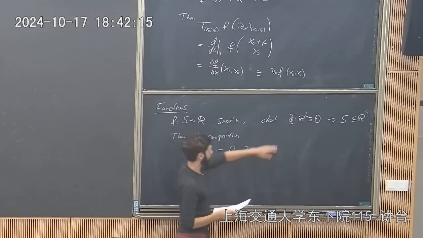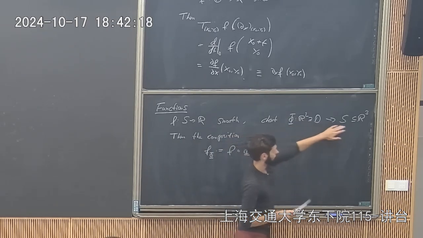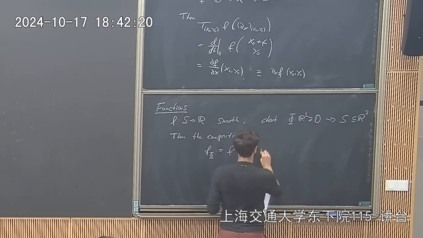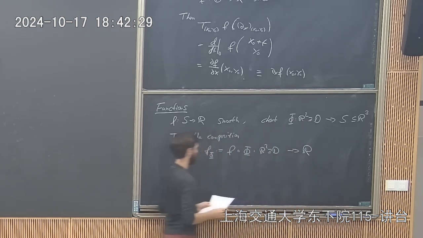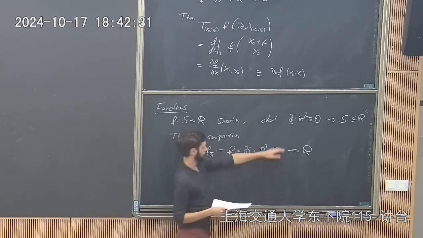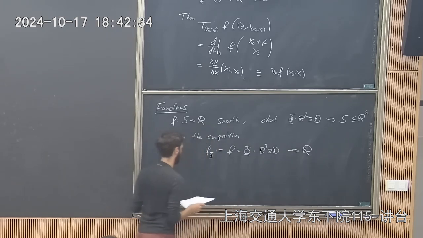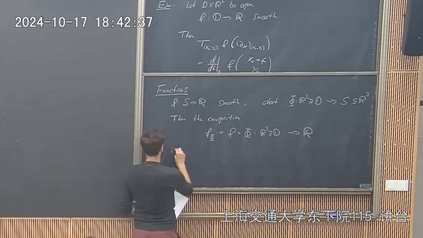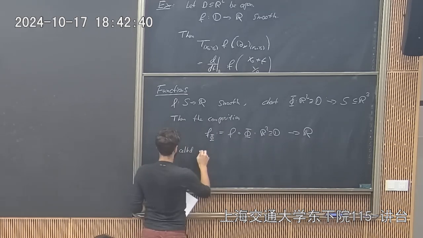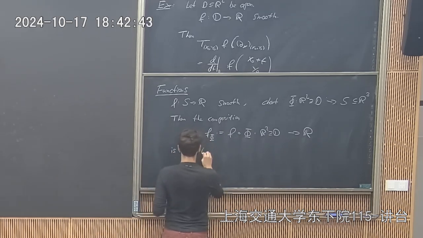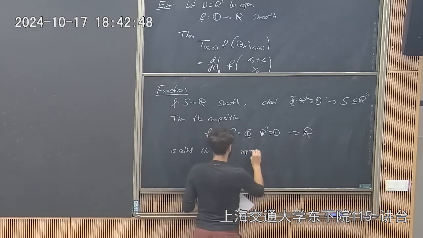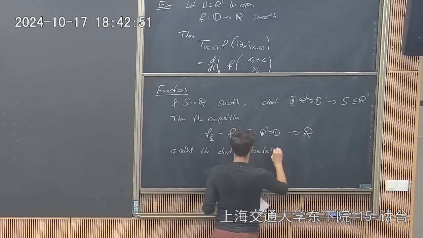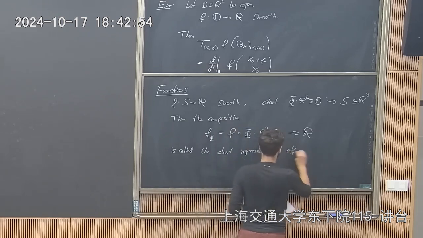It's the map where we go first from R2 into D and get a point in S, and then afterwards we go from S with the smooth function into R. So the composition is a smooth function on D with values in R. And this one is called the chart representation of F.